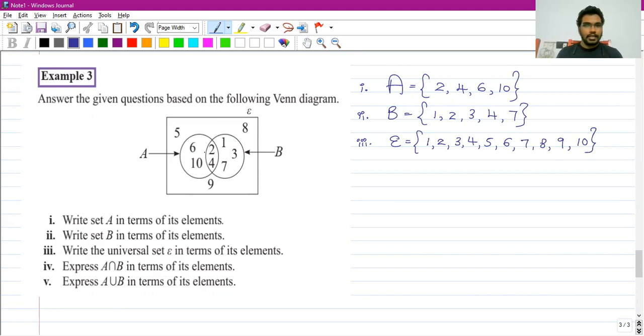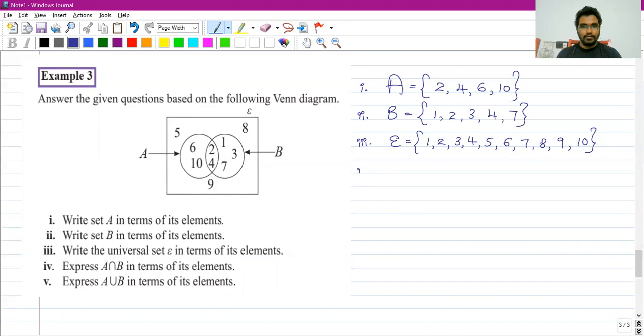These are the elements inside this rectangle or the universal set. So we can write this universal set this way.